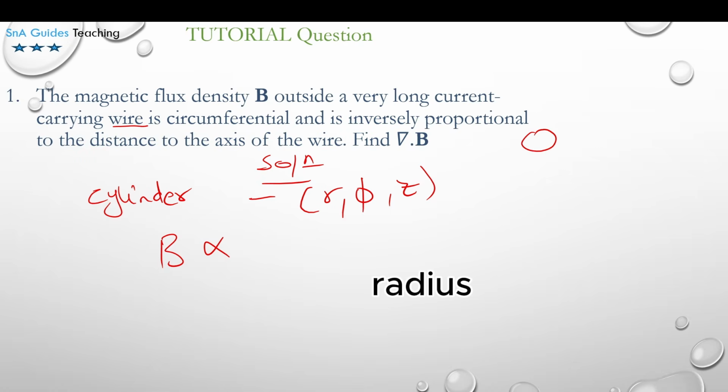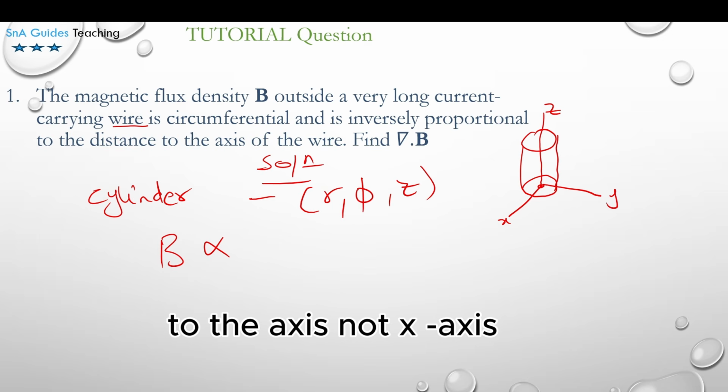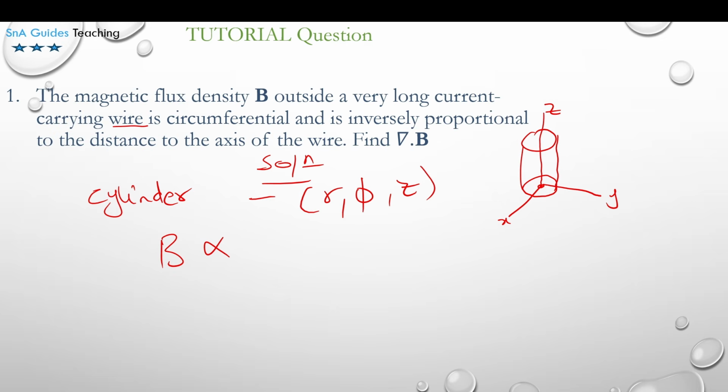Considering a cylinder, we can see clearly that the direction is going to be along the phi direction, because it's outside of the wire we are talking about, right?